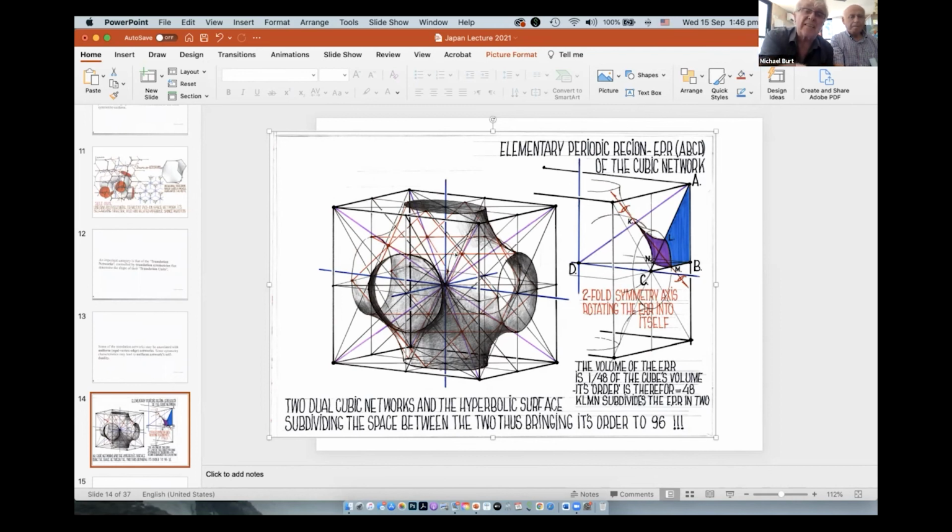In this case, on this periodic surface of the unit, they have 8 inversion points and 24 twofold axes of rotation symmetry.